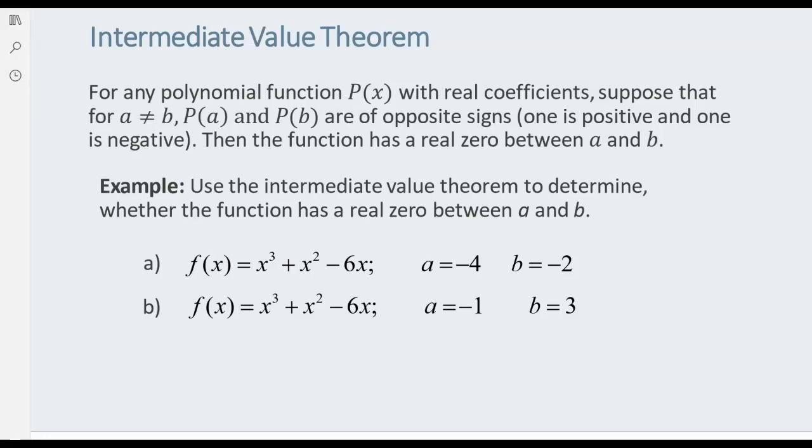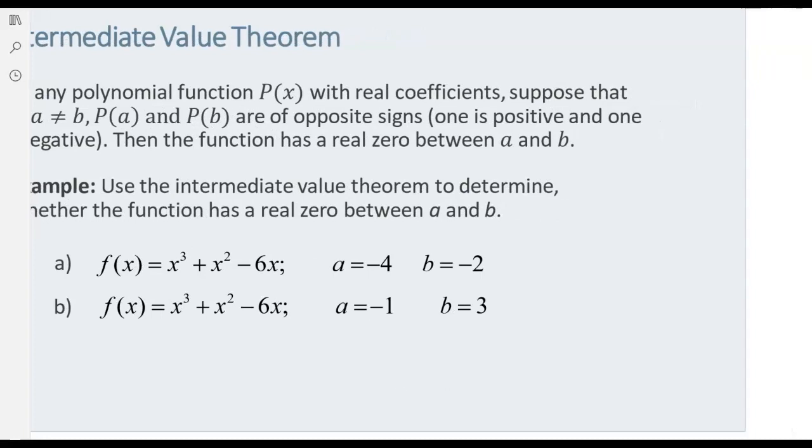It's saying that if I plug in 2 points and the signs of their output, their x value and their y value, one is positive and one is negative. Let's say I plug in A here and B here.